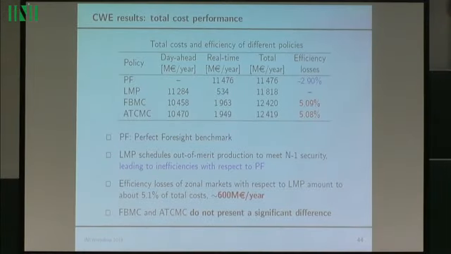So this one is the sum of the day-ahead fixed costs of starting up slow units plus real-time operating costs of moving things around. It's an average over 100 years of operation, which we have simulated. And the other thing, my question was: can you compare your numbers with what is observed in reality?